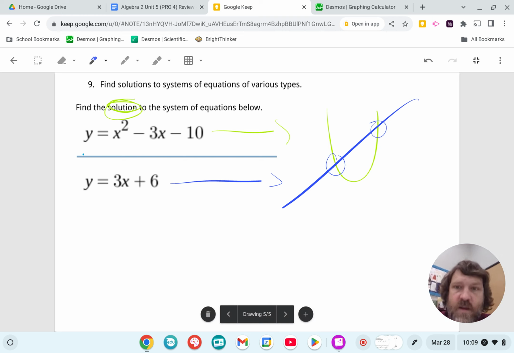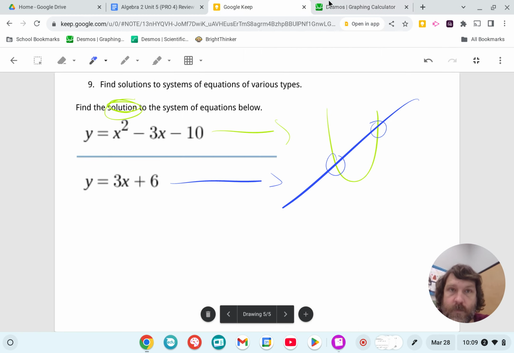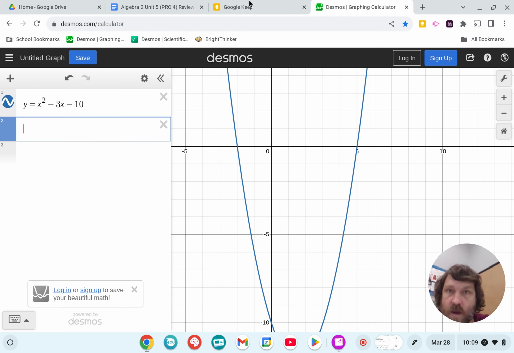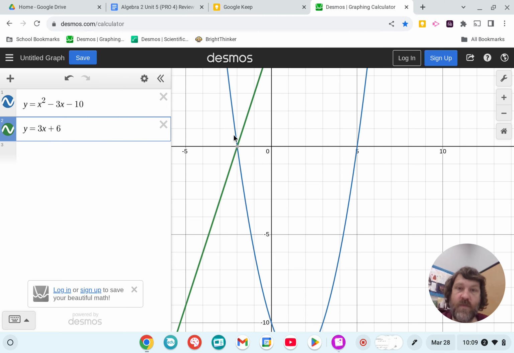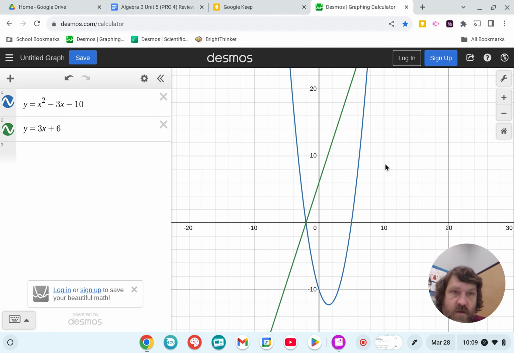So we're going to hop over to Desmos. We have y equals x squared minus 3x minus 10. And we have y equals 3x plus 6. And that's it. We found one of our places on the graph there, and I need to zoom out enough to see the other one.